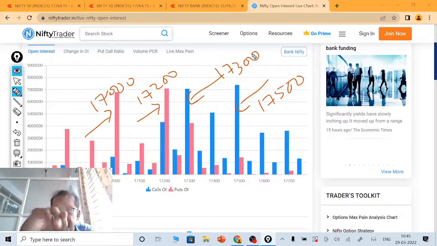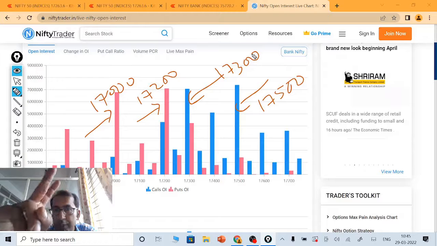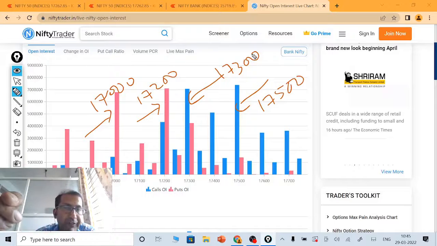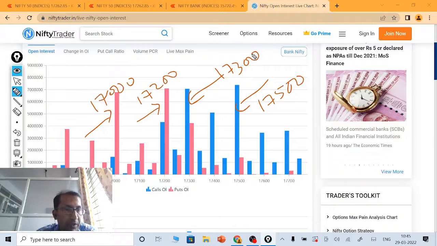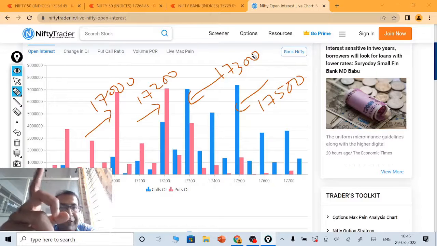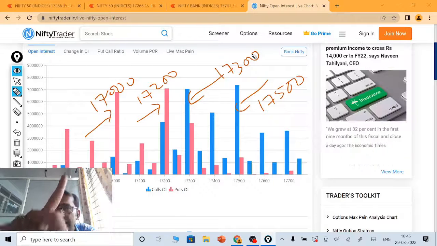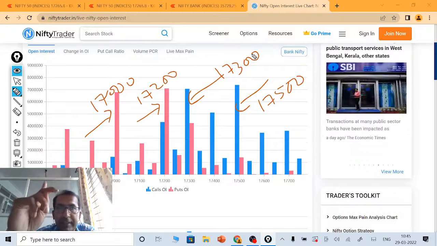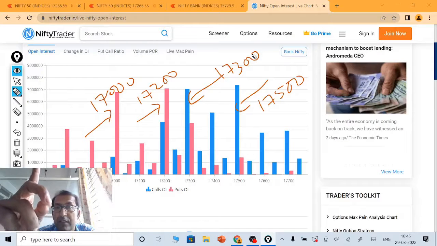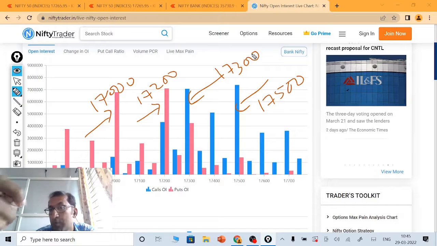A break of either can give you a rally of 200 points or a fall of 200 points. So you should wait for the 17,200 or 17,300 level. If it breaks 17,200, sell Nifty or Bank Nifty. If it breaks 17,300, you buy Nifty for a target of 17,500.